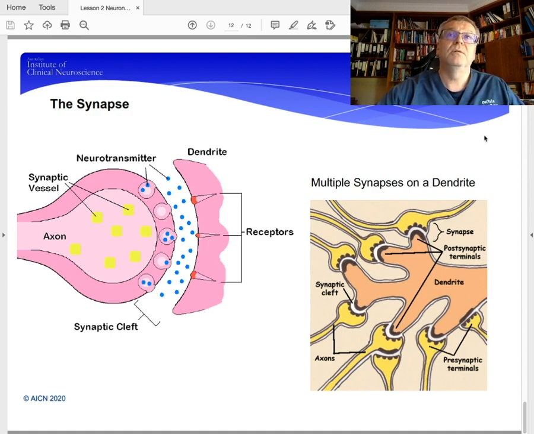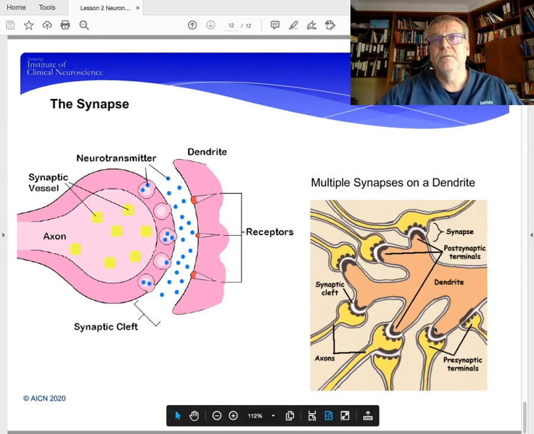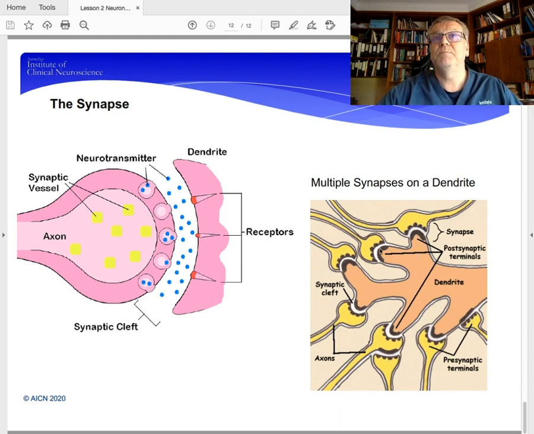So let's look at the big picture over here first, and we can see that a dendrite can synapse with a number of different axons all at the same time. All of these yellow things are axons coming in from different neurons, and they're synapsing on this dendrite.